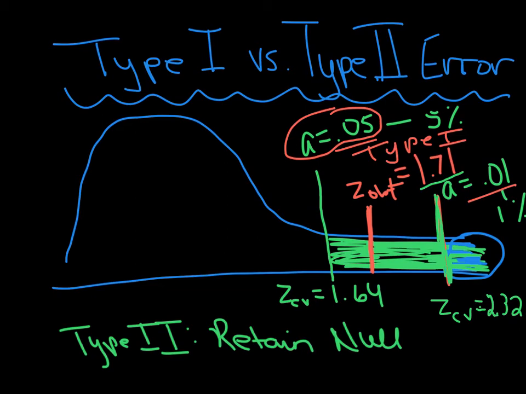Then, if we had it at alpha 0.01, that would have been a type 2 error. That would have been because at 0.01 maybe it was too stringent and we should have used 0.05. Now, there are other alpha levels that we use in between, but right now you're just either using 0.05 or 0.01. So basically, let's clear up type 1 versus type 2 error.